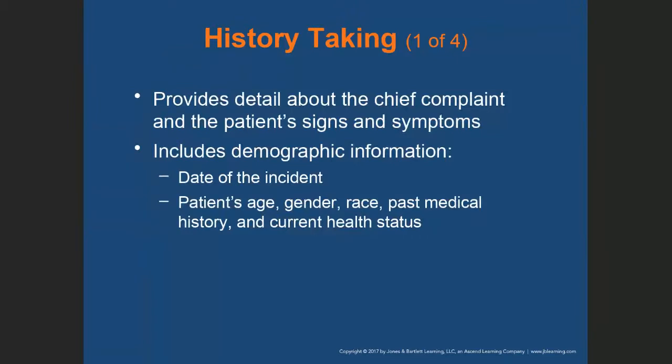Okay. So that would be the end of your primary assessment. Right? So your primary assessment consists of your general impression of the patient and the environment that you find the patient in. You will assess the patient's level of consciousness. You assess the patient's upper airway.